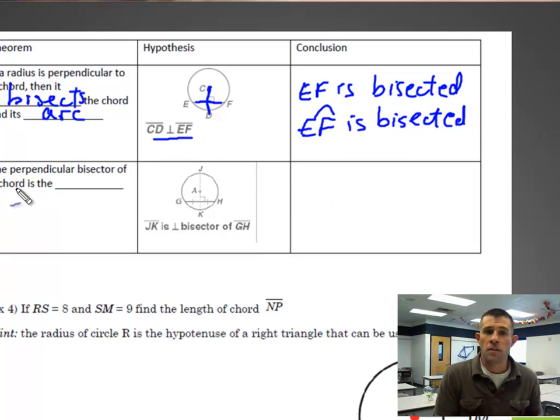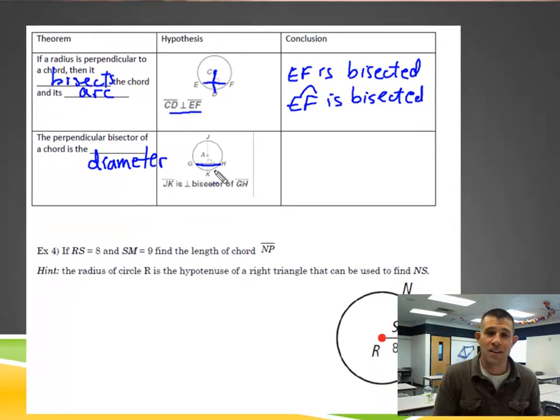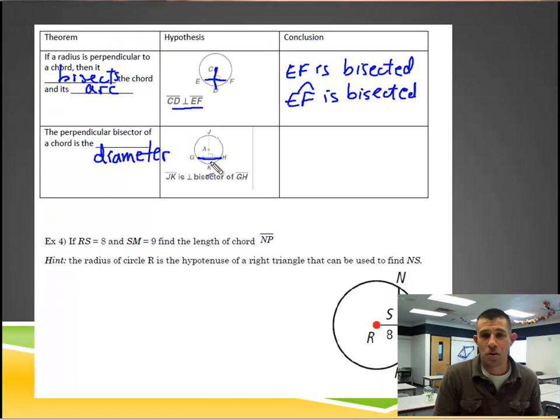The next one says the perpendicular bisector of the chord is the diameter. So any chord and the diameter will be perpendicular to each other, as long as the diameter is bisecting that chord.